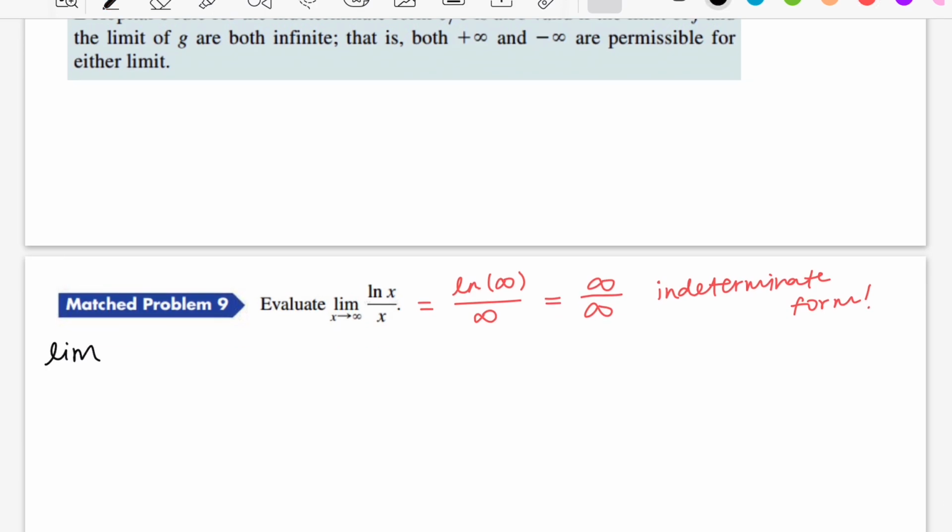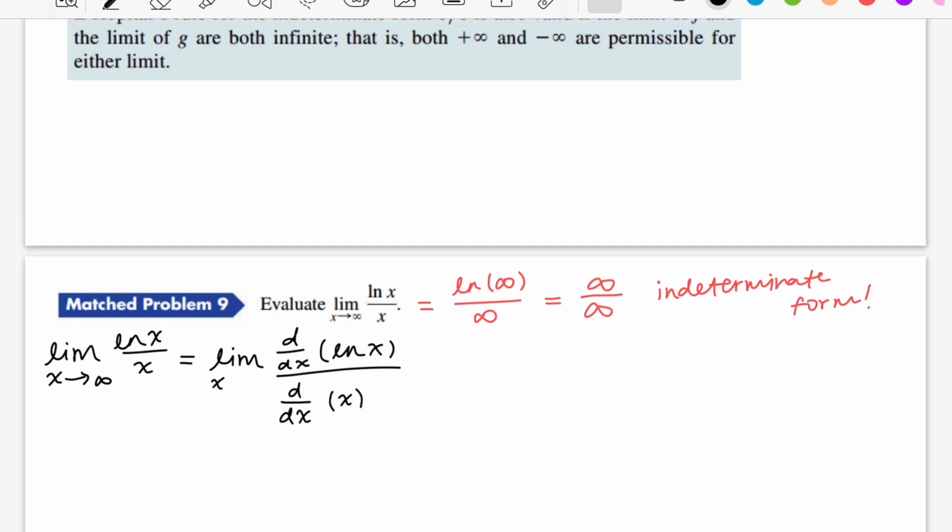So to evaluate this, we'll take the derivative of ln x and the derivative of x. So this is going to be equal to 1 over x over 1.